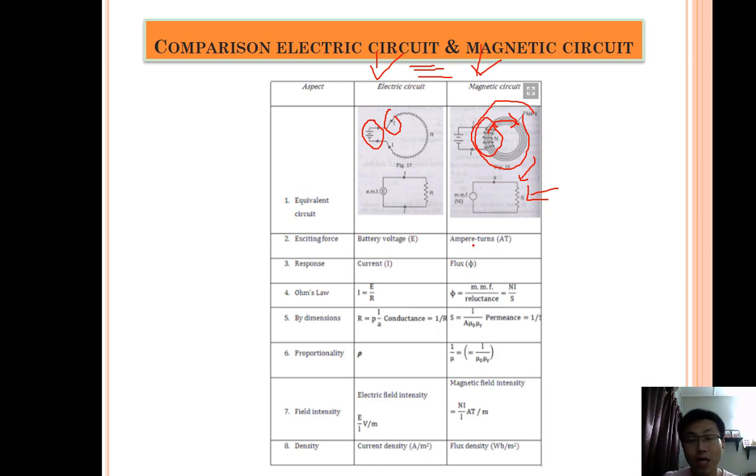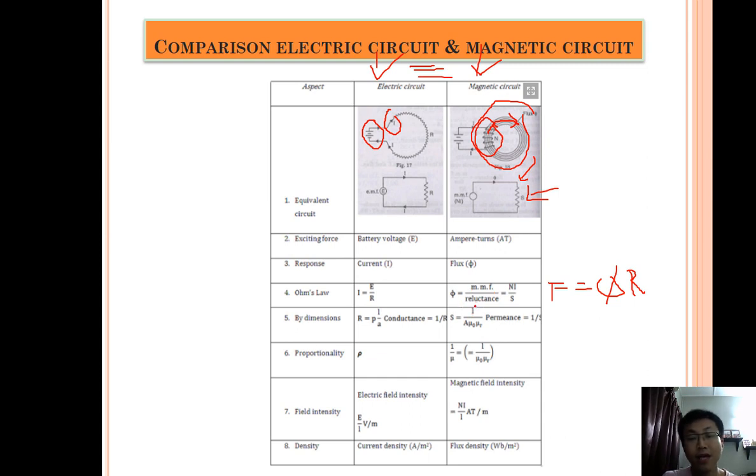That's why when we come to the comparison, as compared to the battery voltage, in the magnetic circuit we have ampere turns. For the response, we have a current, but in the magnetic circuit it is a flux. For Ohm's law, V equals IR, same as well, it will be F equals phi R, where F is the MMF, magnetomotive force, the force generated by the magnetic effect.